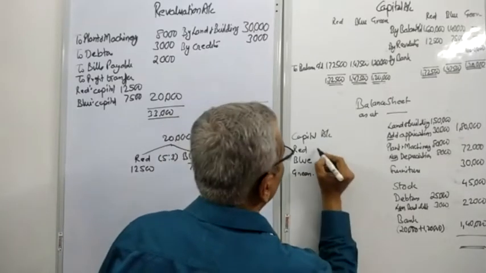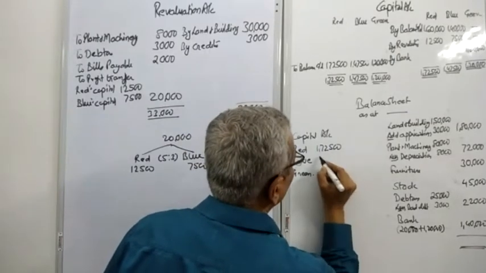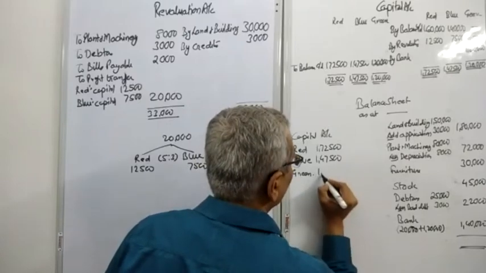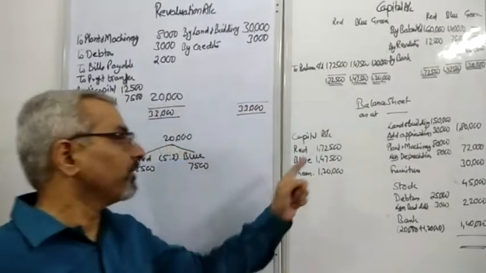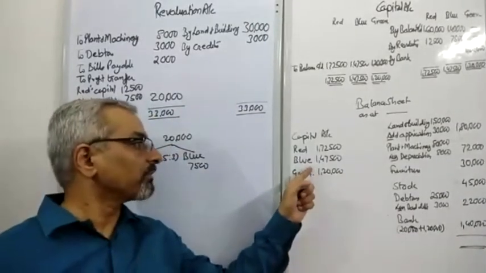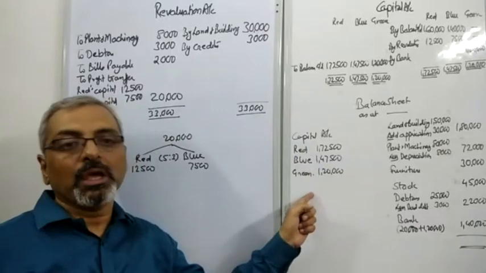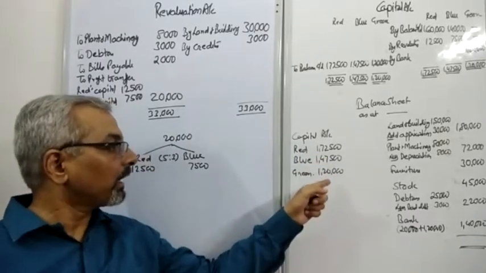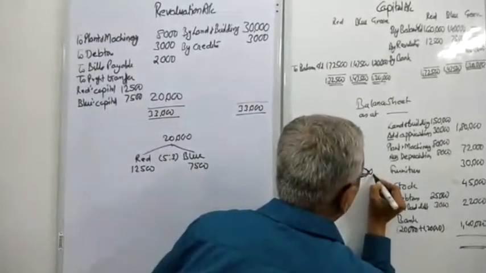So Red we have 1,72,500, we have Blue 1,47,500, and finally we have Green 1,20,000. Now if we add 1,72,500 plus 1,47,500 plus 1,20,000, we are getting a total of 4,40,000.